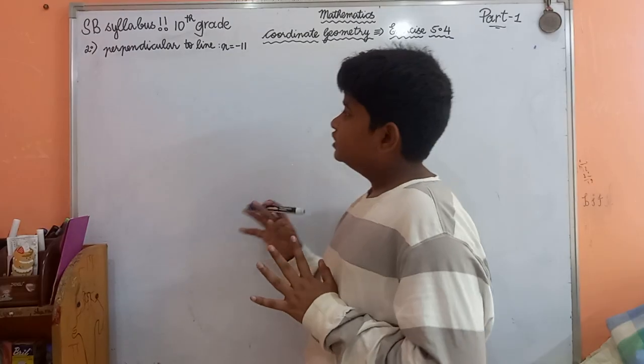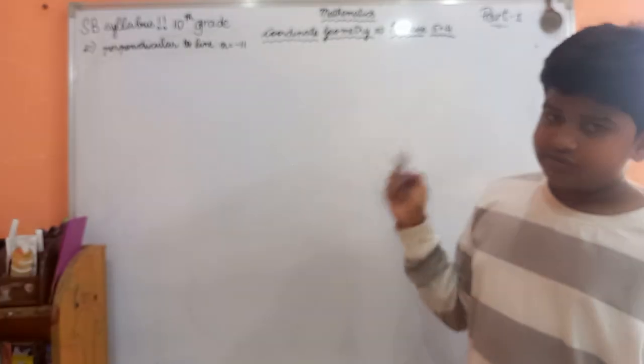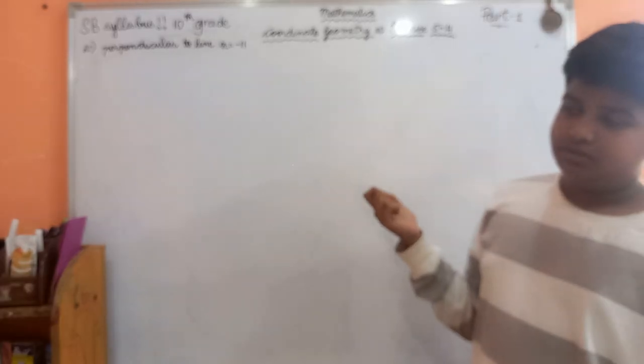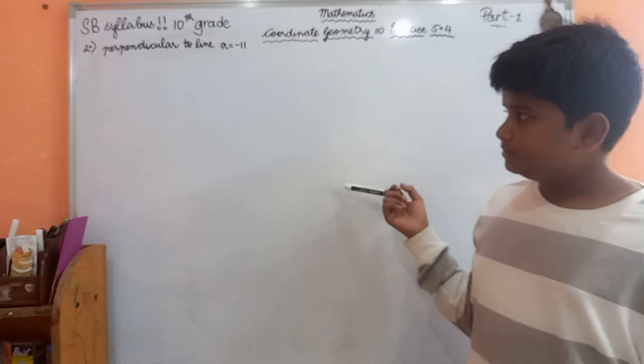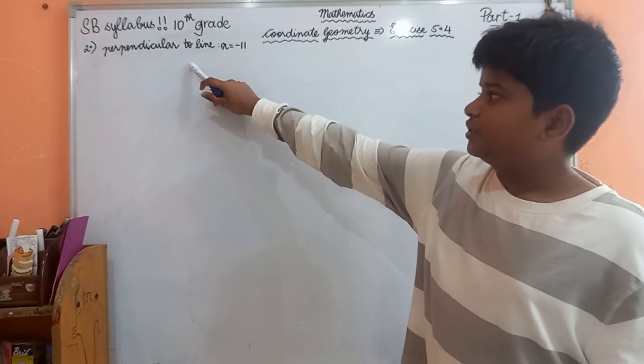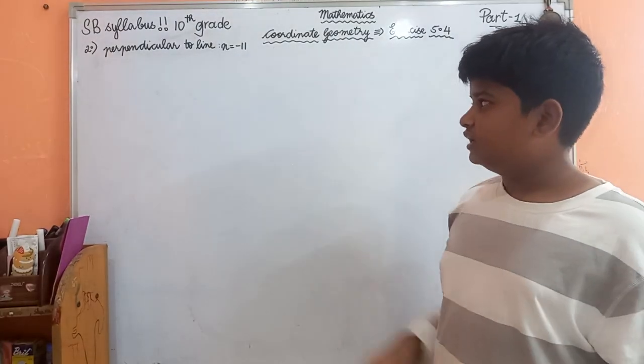So guys, since it's perpendicular, now we have to put 0y. Parallel is different. The first one was parallel, and this is perpendicular. So you can see the line perpendicular to the line x is equal to 11.